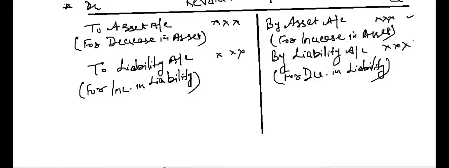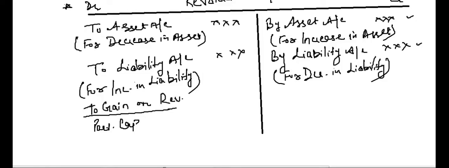If the assets are more and liabilities are less, that is, if the credit side is more than the debit side, we say gain on revaluation. This gain will be transferred to partners' capital accounts. We'll distribute this gain among the partners in their old ratio.